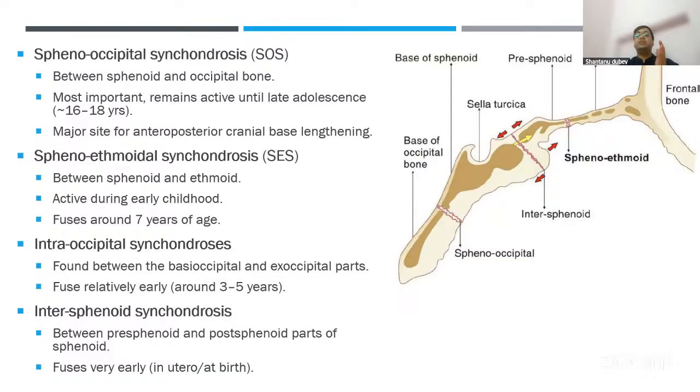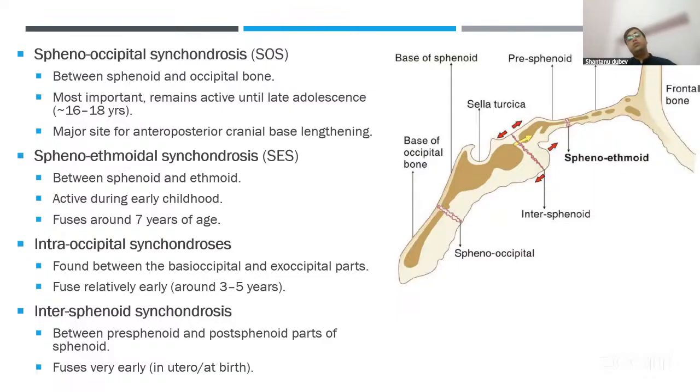Okay, so spheno-ethmoidal is a synchondrosis which is utilized for anteroposterior growth in the early ages, especially for the maxillary part. Till this fuses, the maxilla is growing forward because this maxillary component is opposite to the anterior cranial base, and this synchondrosis is causing the lengthening of the anterior cranial base.